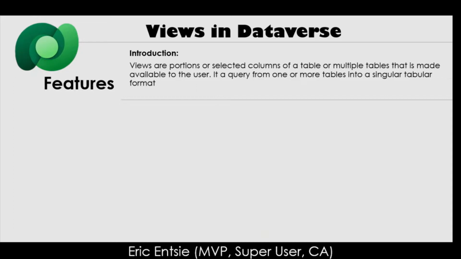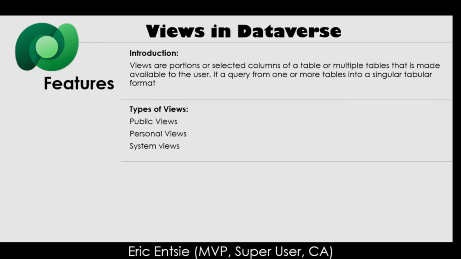But a view is just a portion of the table, or multiple tables that have been interwoven together, to show a particular area of interest from the table to the user. So it is a query from one or more tables that is presented in a format to the user, and that is a view.